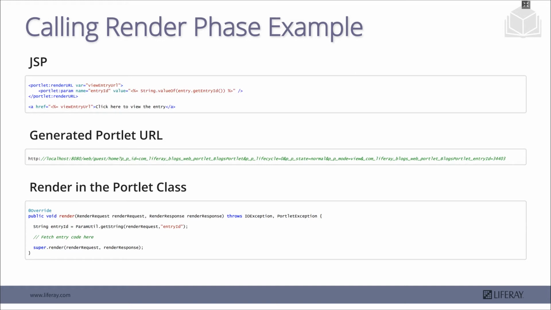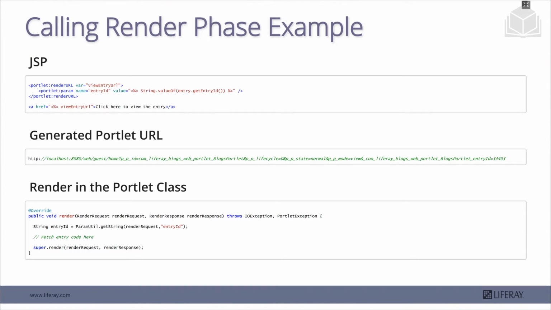Then over on the Java side, the render method, again being the engine, is going to make the render phase work and handle all the fun stuff that it has to work through. So JSP has a render URL. We might display it as an anchor tag, for example. The end user clicks the link. It'll then call the render method over in our portlet class or Java class.